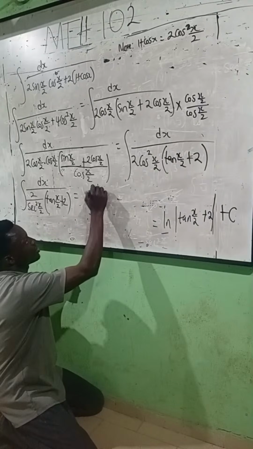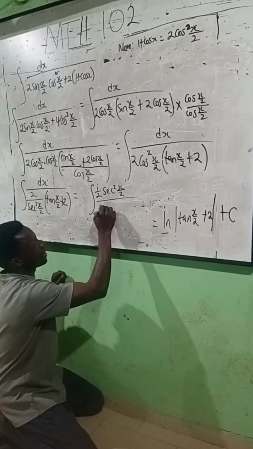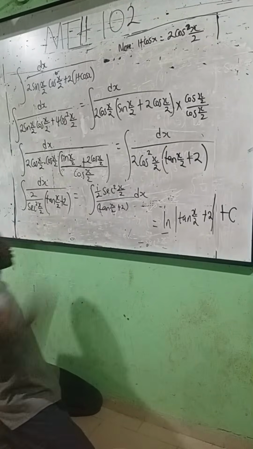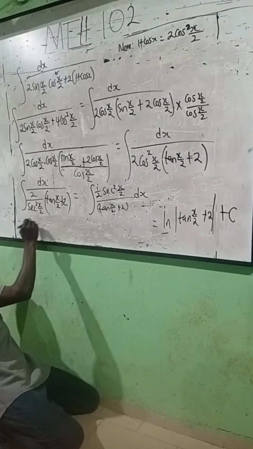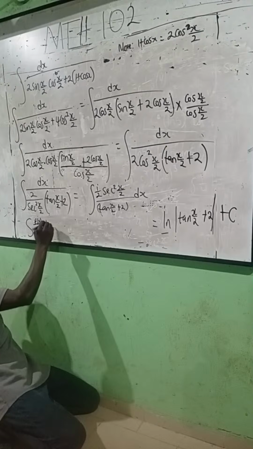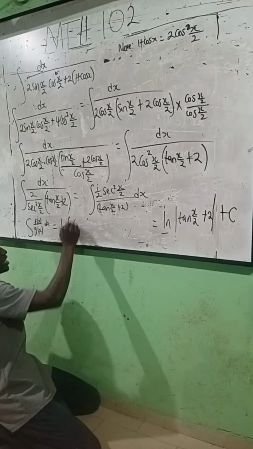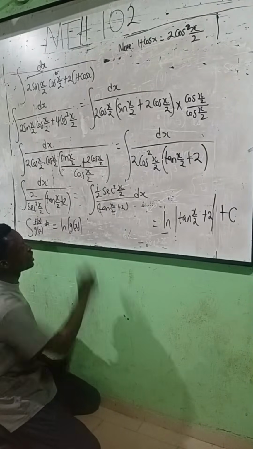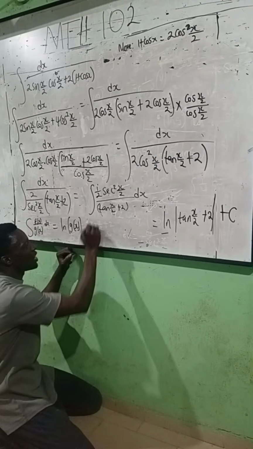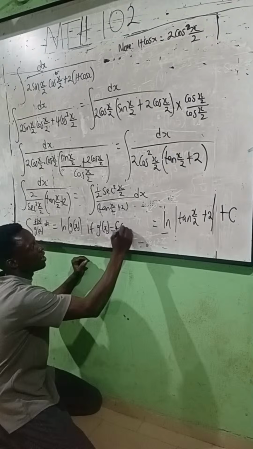So this one is 1 over 2 sec square x over 2 divided by tan x over 2 plus 2 dx. The formula says if we have the integral of f of x over g of x dx, the answer equals ln g of x, the ln of the denominator, under one condition: if and only if g prime of x equals f of x.